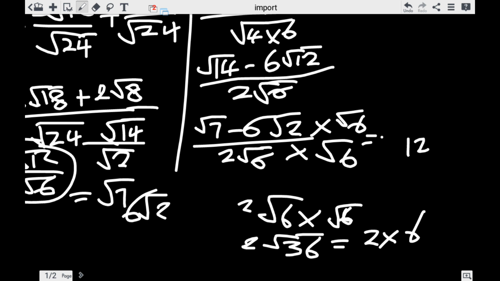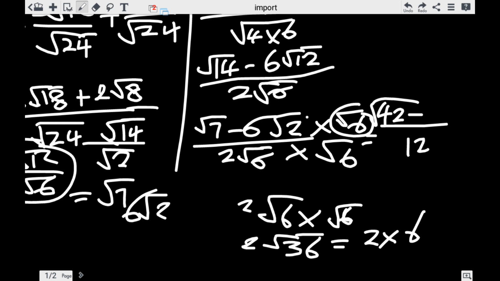So you write the 12 below it and multiply this root 6 by this root 7 minus 6 root 2. Should we just multiply this root 6 by any number here or by this number? So we should get root 6 times root 7. 6 times 7 is 42. So simply put the square root symbol there. Minus root 6 times 6 root 2.